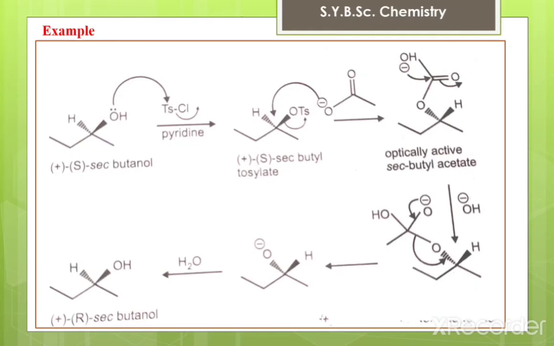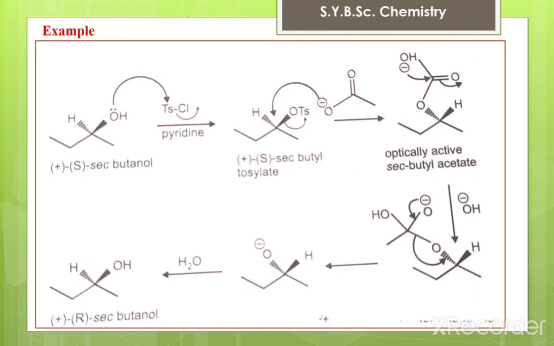Now we measure the rotation of the new alcohol, and we observe that it has the same rotation as the original sample, but with opposite sign. It is R secondary butanol. It is optically pure and inverted.